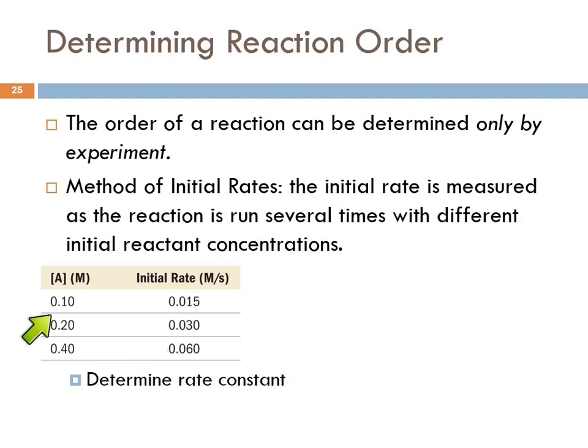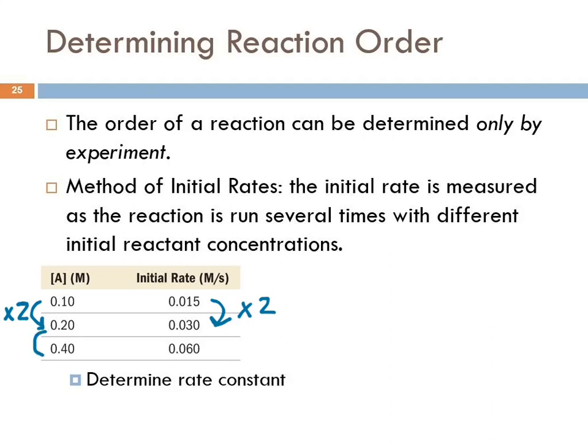So we doubled the concentration, and what happened to the rate? It also doubled. So when we went from this one to this one, that was times 2. And that's the same thing that happened over here. We're controlling the concentration and measuring the rate.